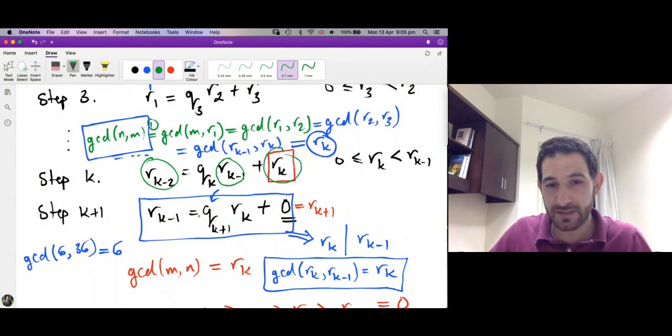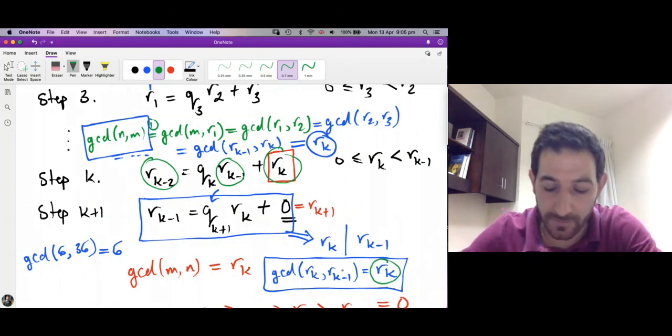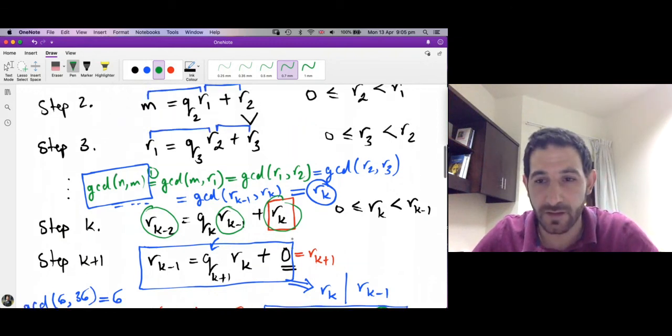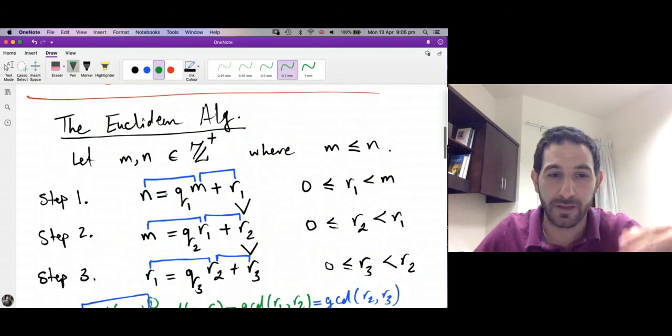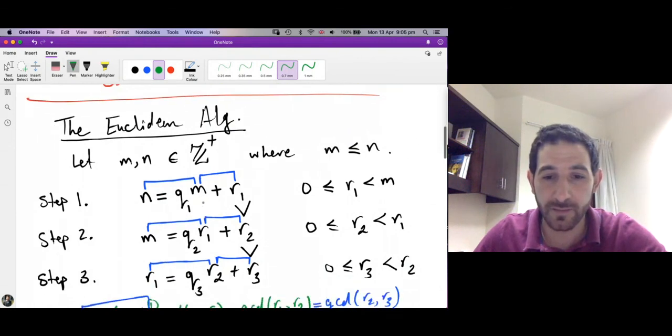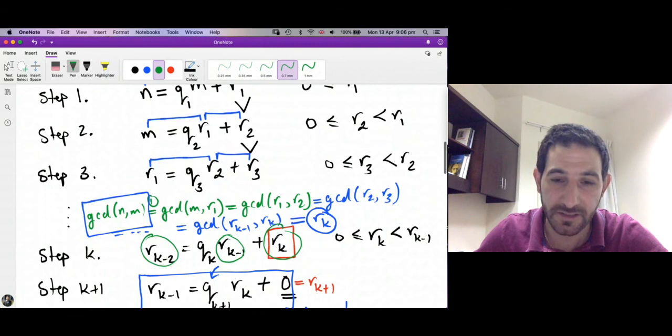But from the very last step, we know that the GCD is r(k). Okay, so this is the end of the Euclidean algorithm. So in general, we just apply the division algorithm several times until we get a remainder of 0, and then the GCD will be the last non-zero remainder.